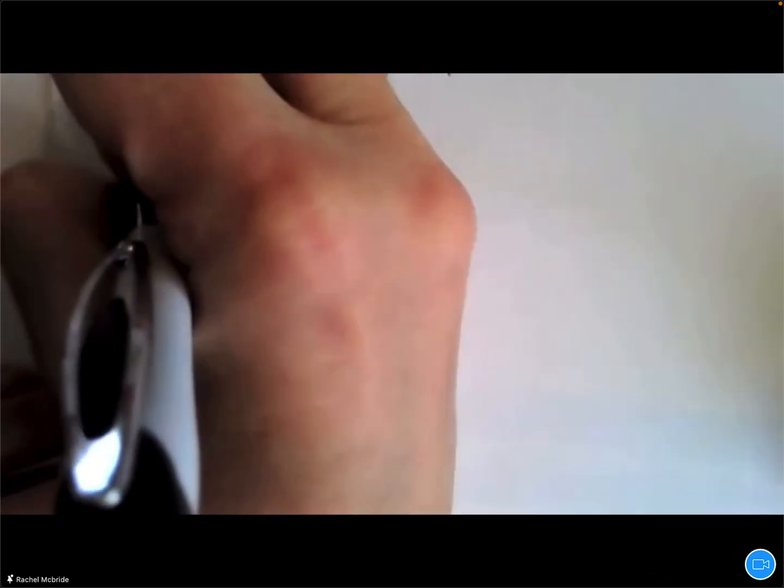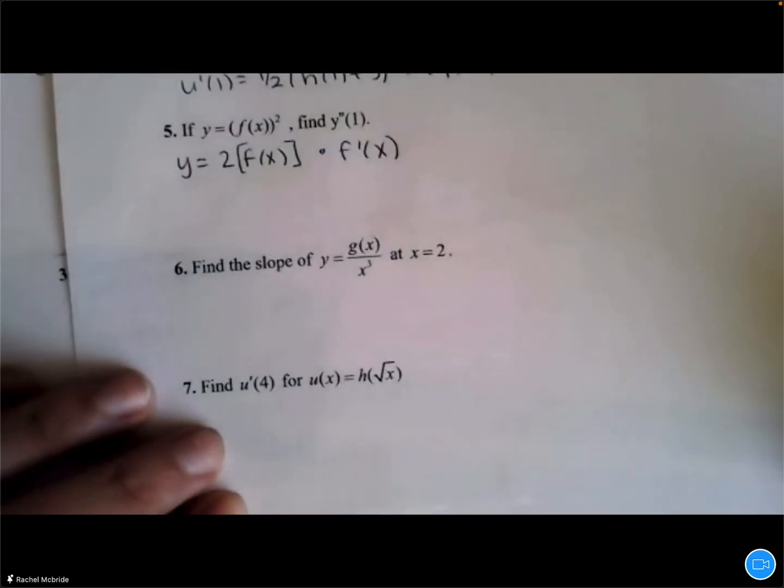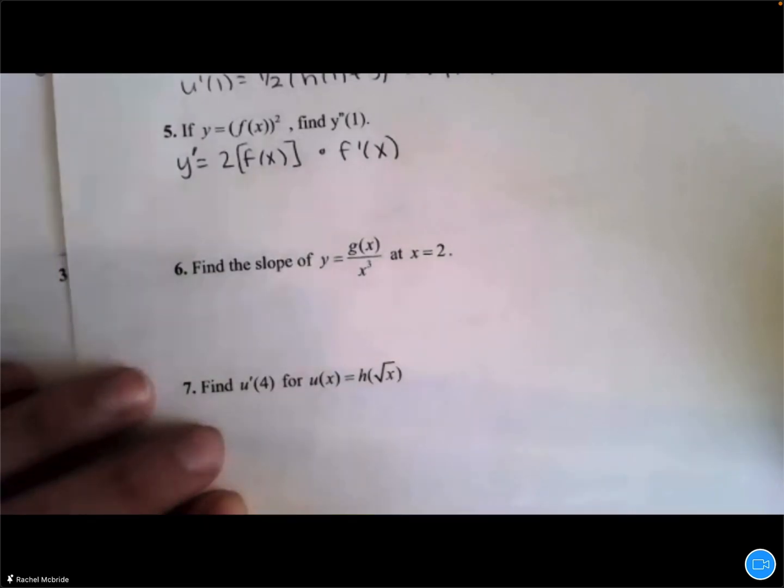Number 5. So y prime is equal to 2 f of x times f prime x. But it asks me to find y double prime.